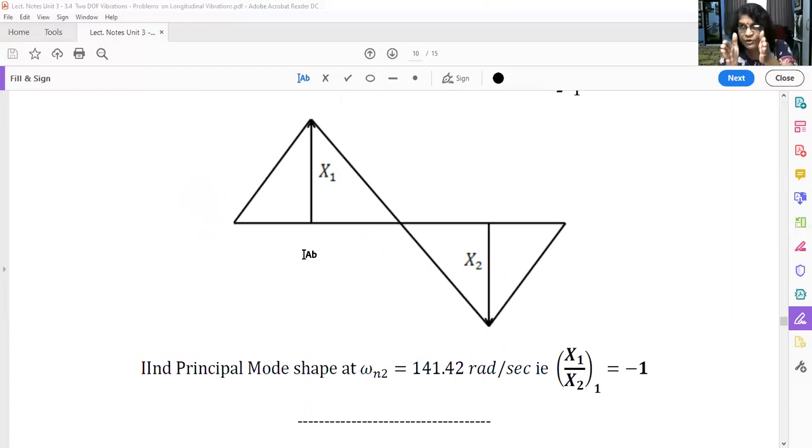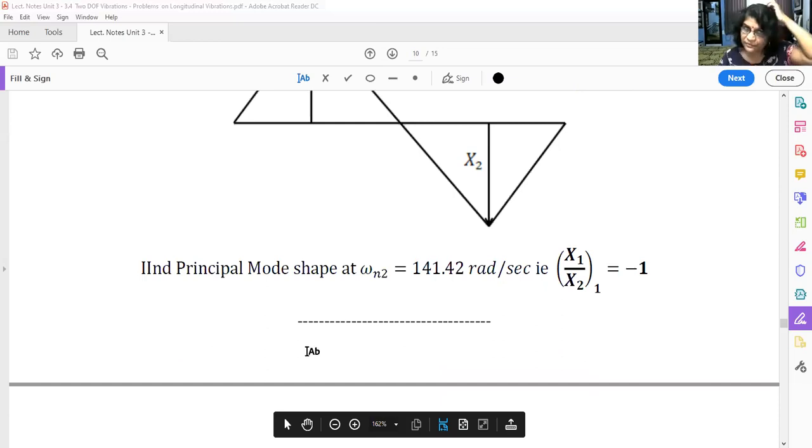In the first mode shape, they will vibrate like this. Okay? By equal distance and in phase, both will be moving simultaneously towards left or towards right. In the second mode shape, how will these two railway coaches vibrate? Like this. Opposite by the same amount. Okay? So this is the second principal mode shape.